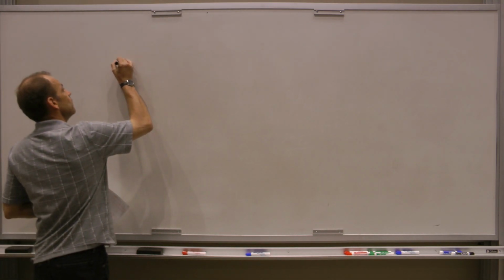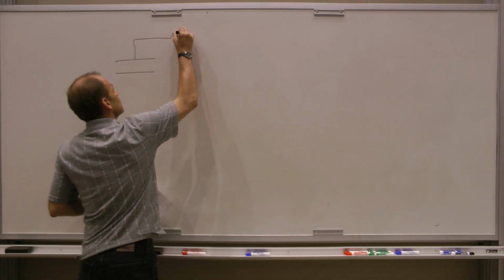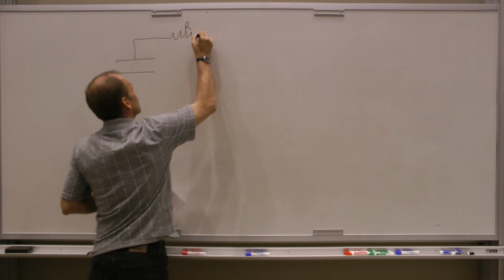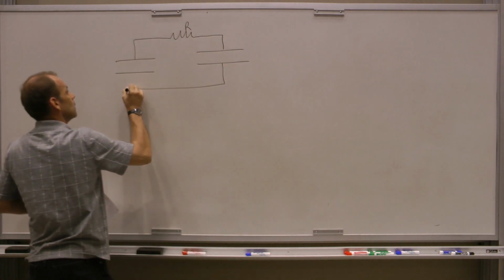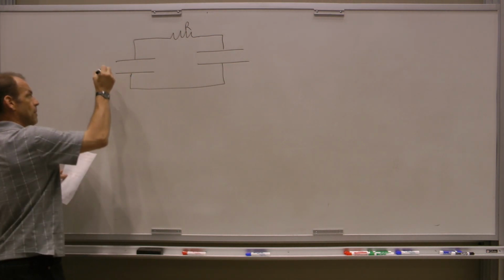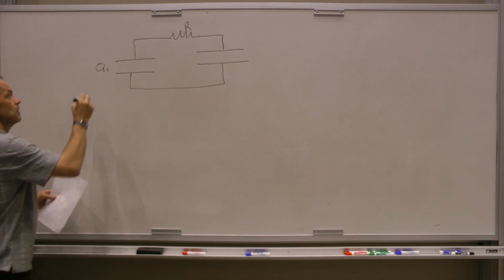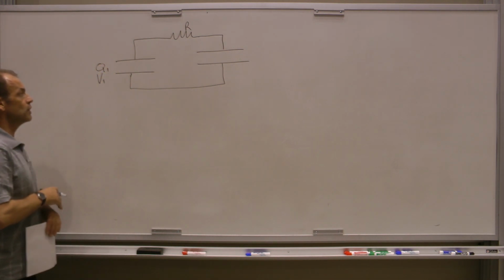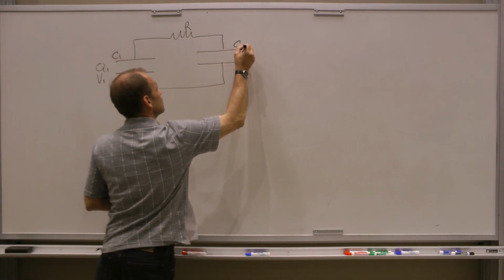So let's consider a very basic circuit where we have two capacitors that are also connected in between with a resistor R. And we assume that capacitor 1 holds a charge Q1 and was initially charged at voltage V1, and it has a capacitance C1, and this one has a capacitance C2.